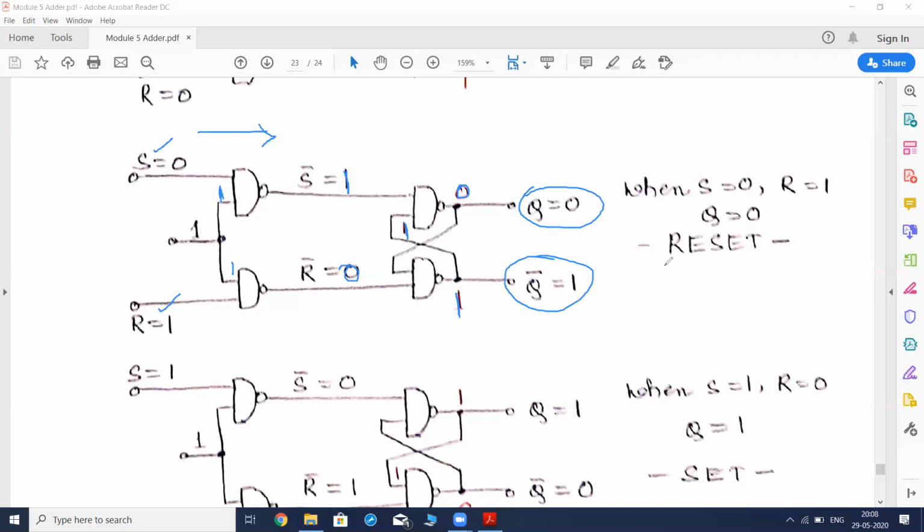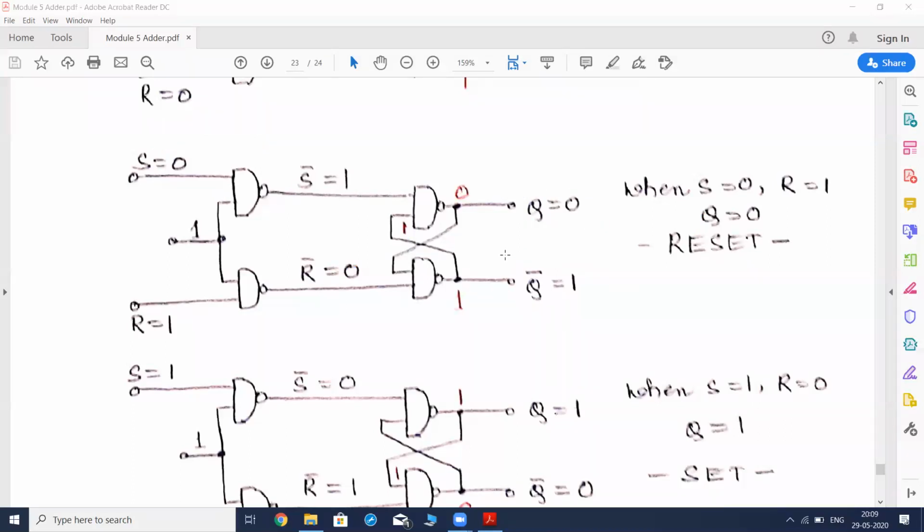If Q is 0, we call that particular state the reset state. That means when we give S is equal to 0 and R is equal to 1, the result is Q equal to 0. This state is called the reset state. So this is how we are doing the analysis.